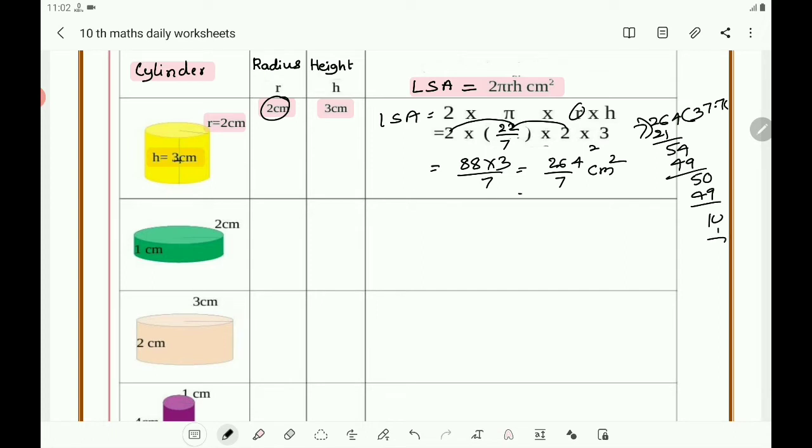Like this way approximately it is equal to 37.71 cm square.